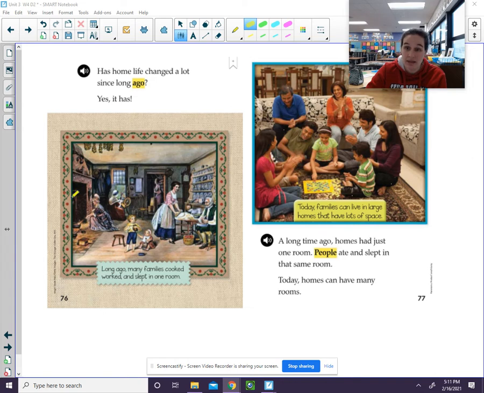There's still a lot of people in these rooms together, right? Yeah, so something else we could say is that people do stuff in the rooms of their house or their homes. So while you're reading, look for things that you can compare, so things that are alike, and things that you can contrast, things that are different.